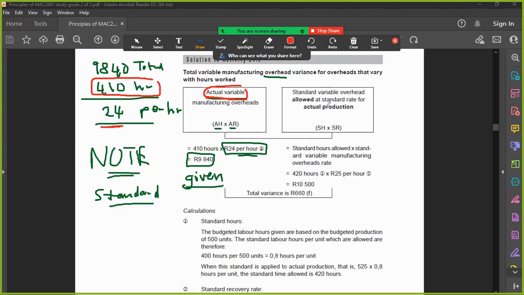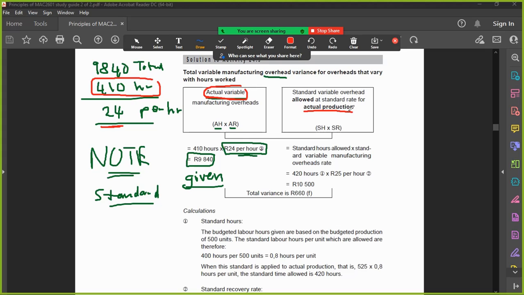Now, if you look at this, they said the standard variable overhead allowed at a standard rate for actual production. See, actual production, so what we actually used in terms of time, and obviously based on the standard number of hours.